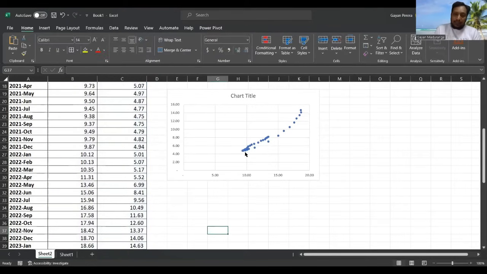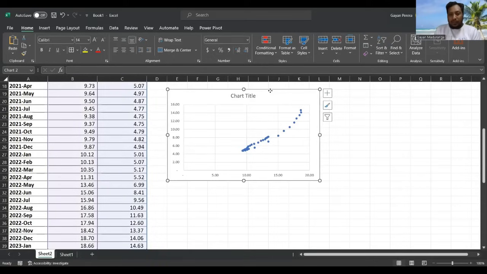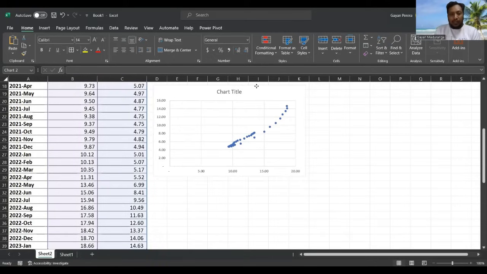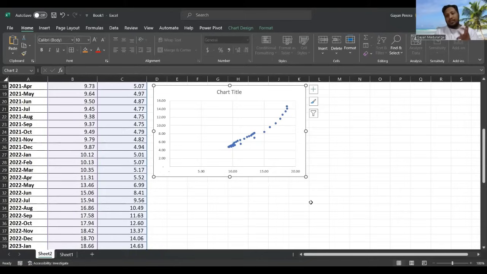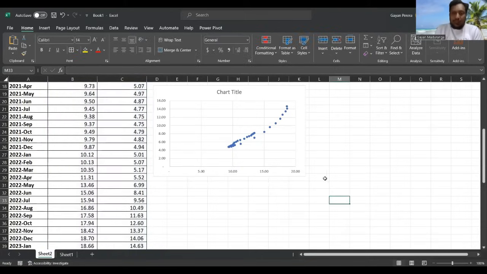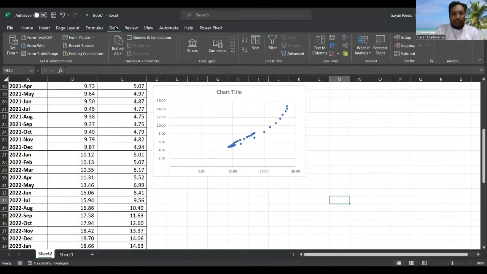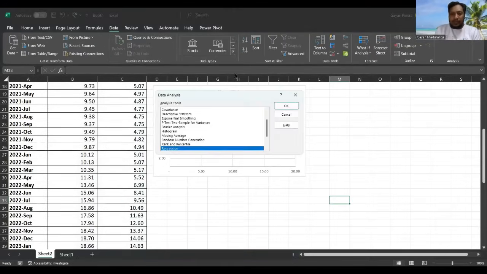You can see there is an upward trend, right? Now let's see, once we fit the regression equation in Excel, do we get the same result from the regression output? Let's move to Data Analysis.